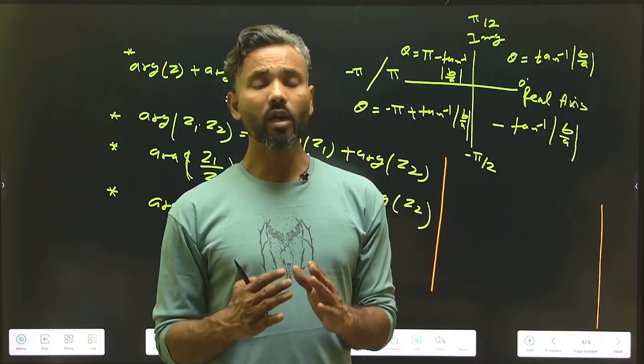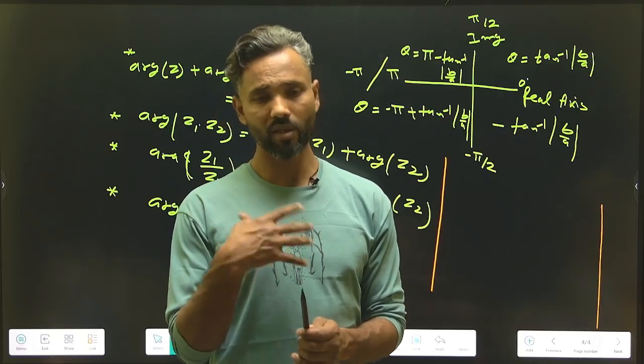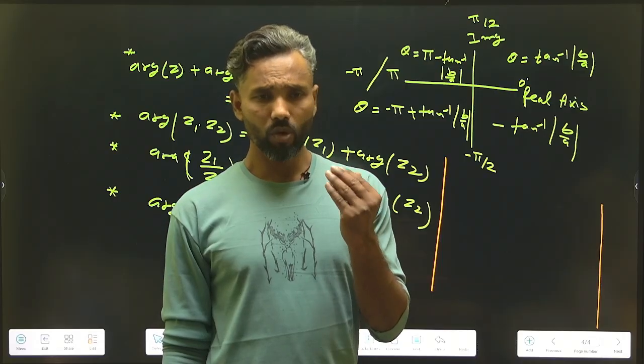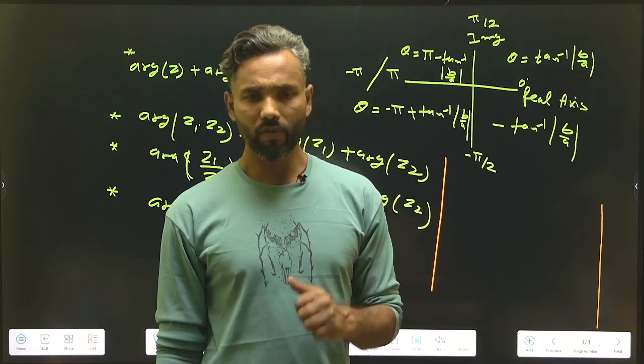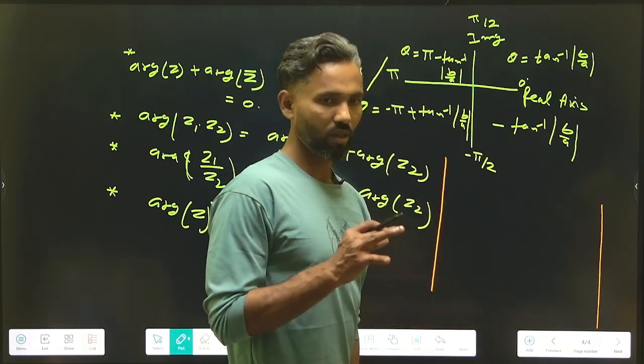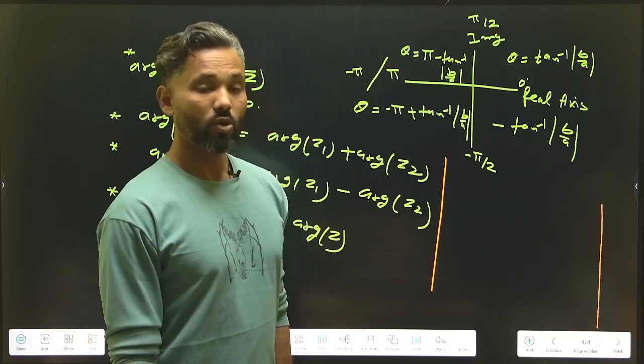We can get the values just by applying the formulas, but if we have a few more things in our brain, it is going to save our time. So I'm going to prepare a table over here, and this table is going to be quite important for you, and it is going to save your time.